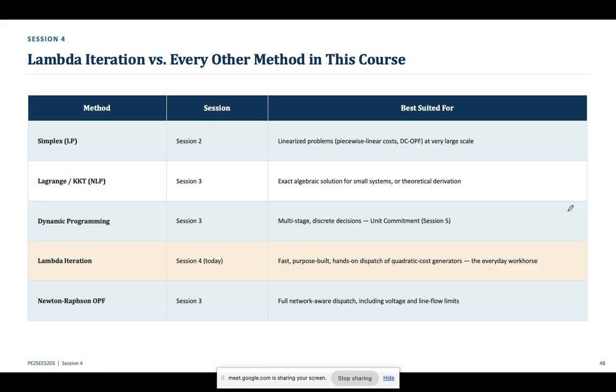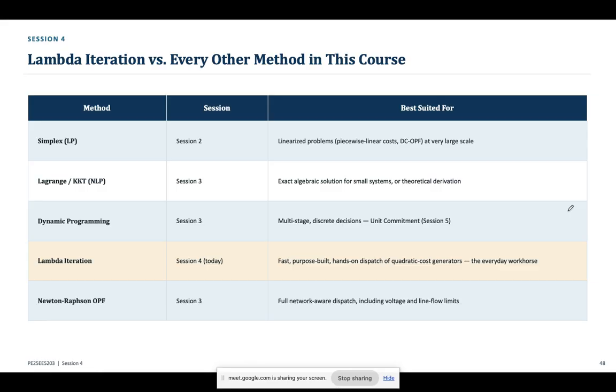The mathematical method should follow the structure of the decision problem. Continuous convex dispatch with a quadratic cost is highly amenable to lambda iteration. Discrete scheduling requires methods such as dynamic programming or mixed integer optimization. Network-aware dispatch requires an OPF formulation.